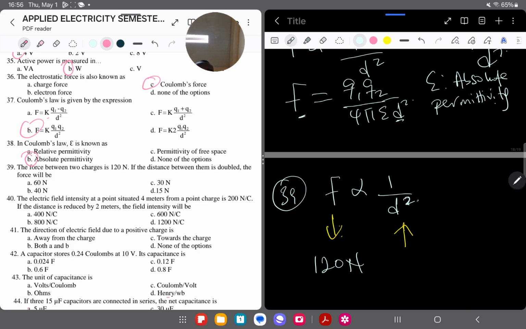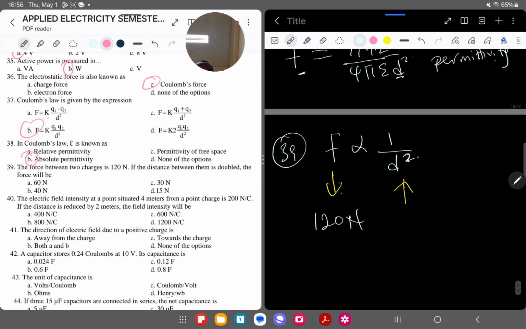Now when it comes to the distance, for the first case, the force between two charges is 120. So this is the first case, right? I have 120, and we don't know the distance yet. The second part of the question is if the distance between them is doubled.